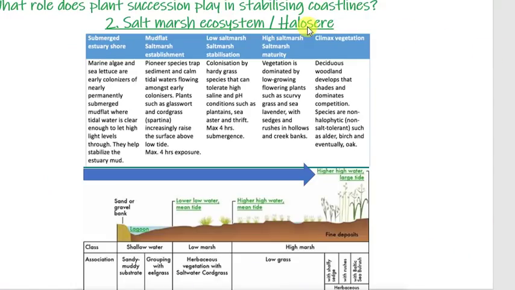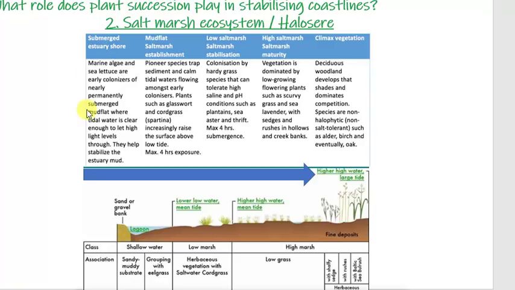A halosphere is a plant succession for a saltmarsh ecosystem. It's the same theory, same logic, just different vegetation or different plant species, really. And again, there's the influence of the tide to think about as well.